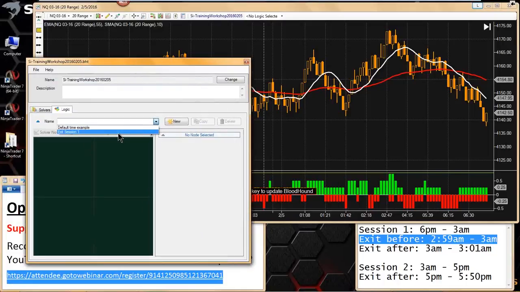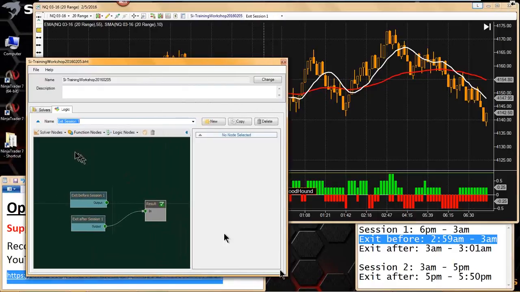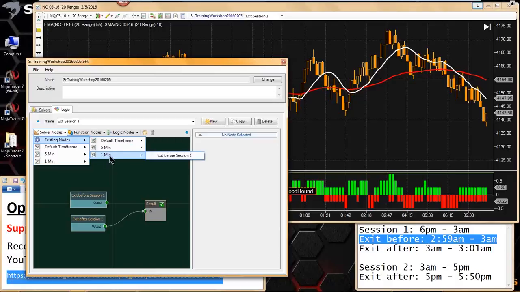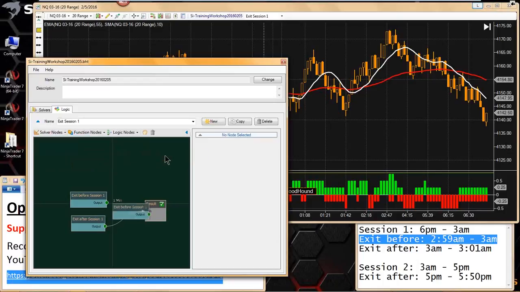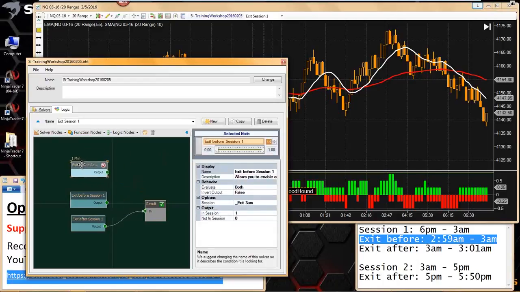Let's go back to this exit session logic template. Here's our existing node on the 1 minute time frame. So let's put this on here. There we go. We can see this time solver on the 1 minute chart. Let's plug that in there.